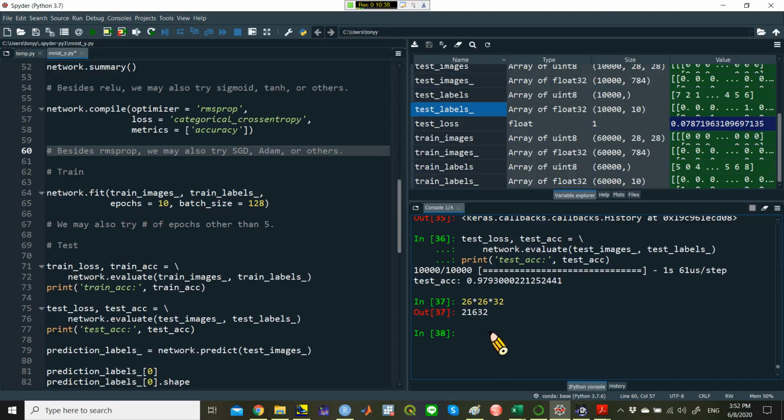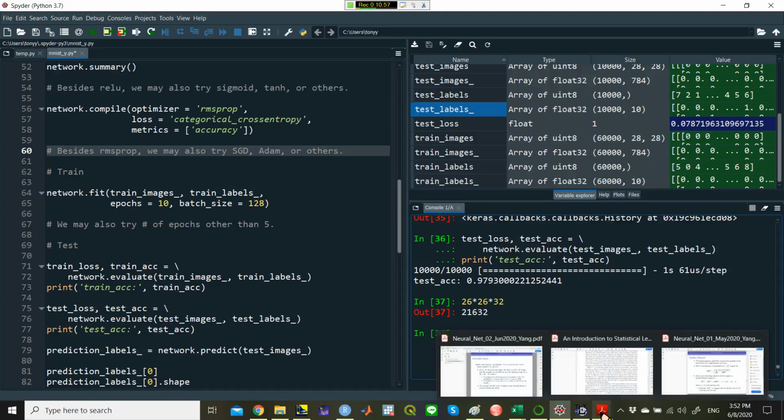In each neuron, we have 10 parameters. In this one single layer, we have 216,320 parameters. This is called convolve layer.